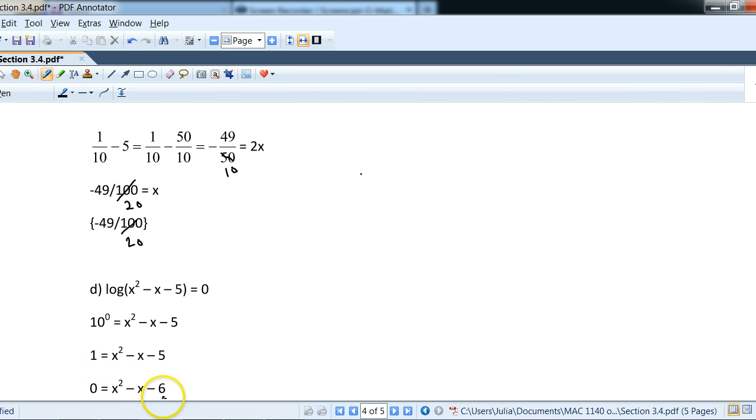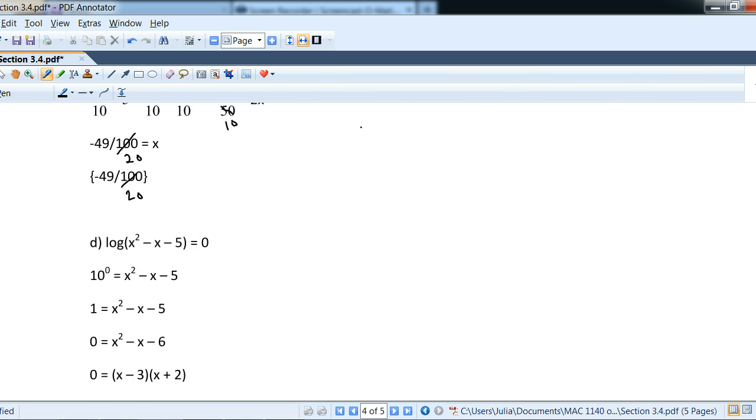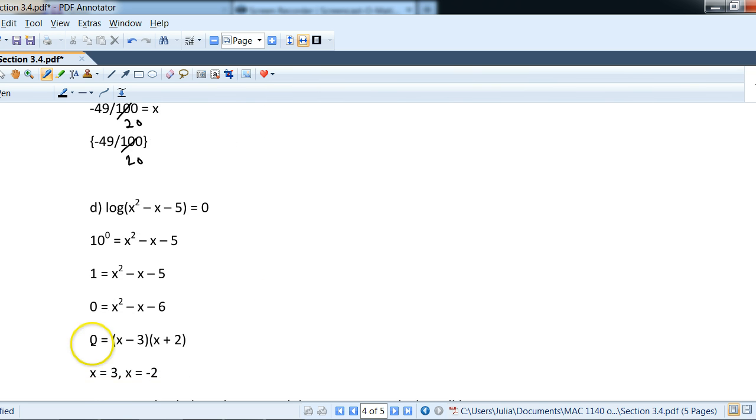So we subtract 1 from both sides. And then you can factor. Now be careful whenever you factor, you may want to watch for the signs. It's not just the negative numbers, but when you plug them back in, make sure you don't get a log of a negative number because it would not be defined. Now in this case, I don't think it should be an issue. It's usually an issue if you have more than one logarithm and you try to combine them.